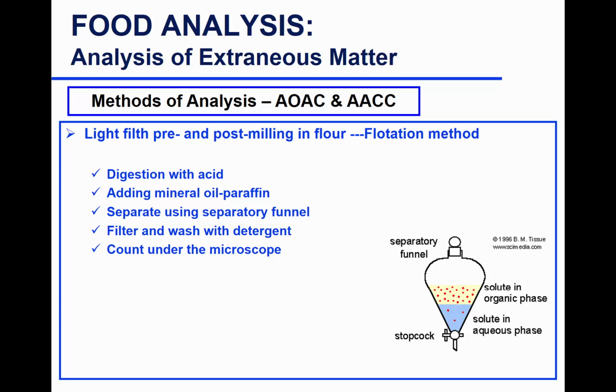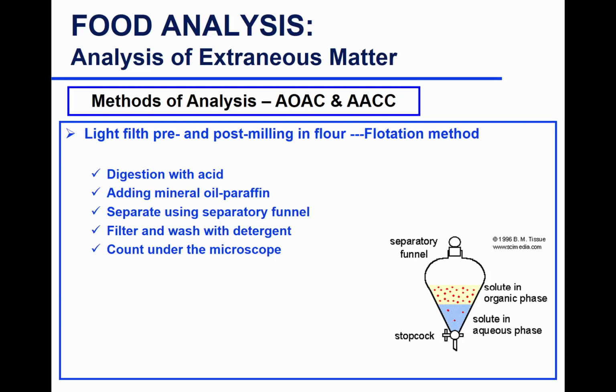Another method is the flotation method, and this is done for looking at the light filth, again, pre and post milling of the flour. Again, this involves digestion and adding of mineral oil, paraffin in this case.